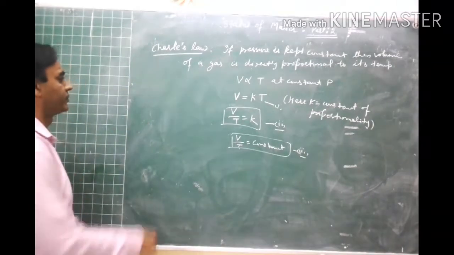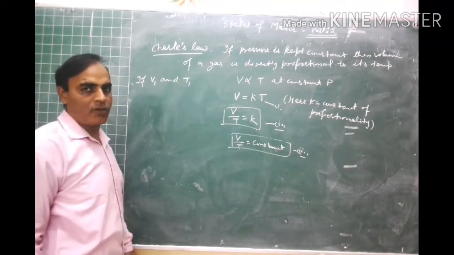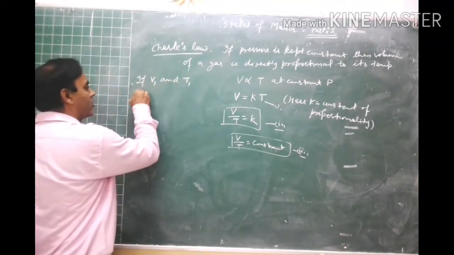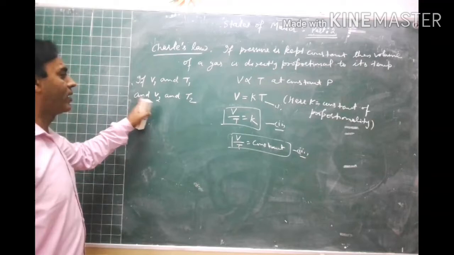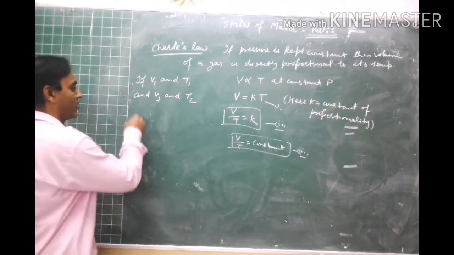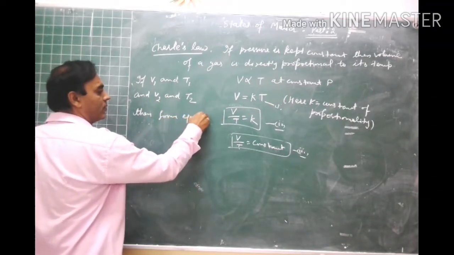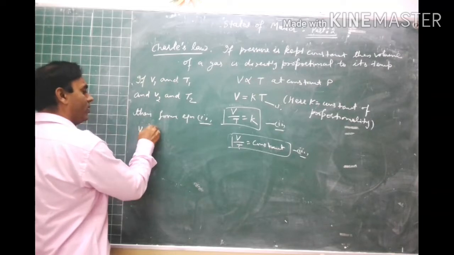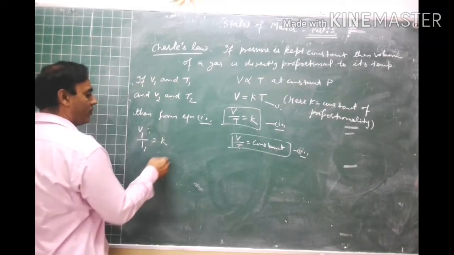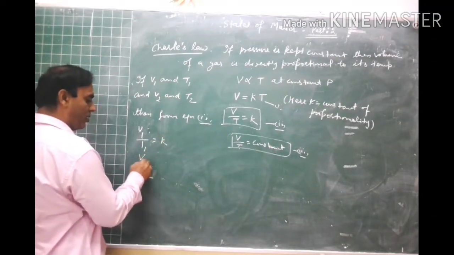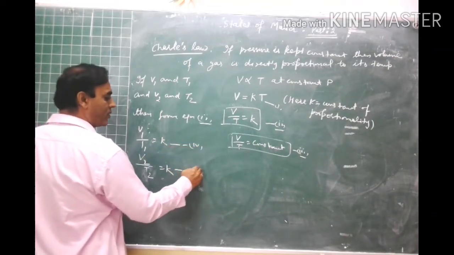Now if V1 and T1 are the initial volume and temperature of the gas, and V2 and T2 are the final volume and temperature of the gas, then from equation number 2 we can write V1 upon T1 is equal to K, and V2 upon T2 is equal to K. Suppose this is equation number 4 and this is equation number 5.